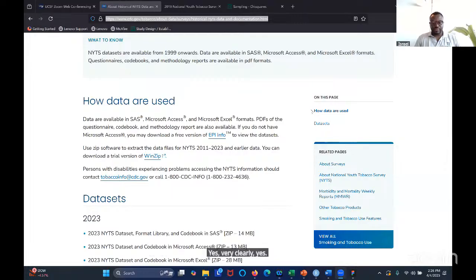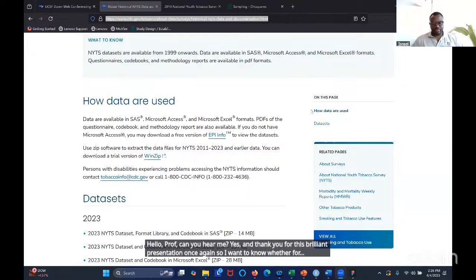I want to know whether for this kind of survey, is it possible to change the framing of the survey from time one to time two, for a surveillance survey system or longitudinal survey?